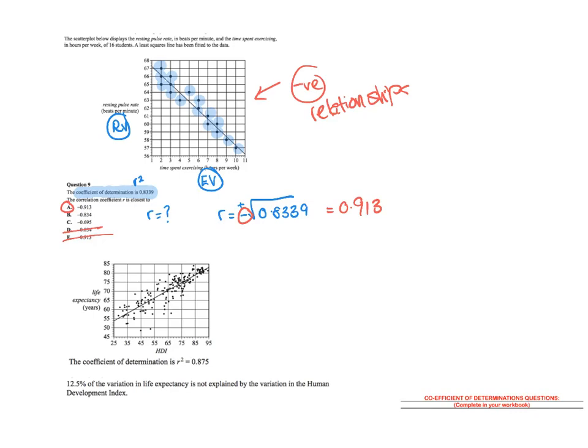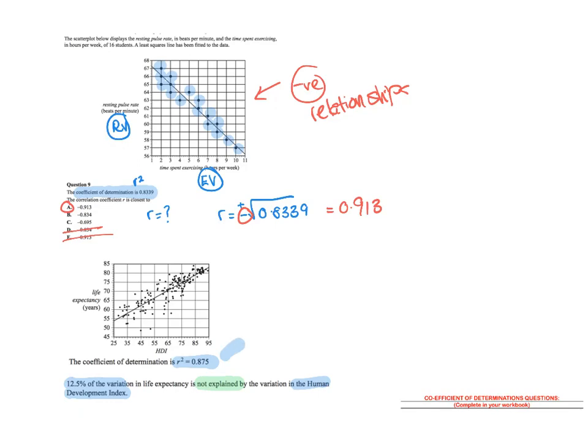Okay, so this last question now. Here they are telling me the coefficient of determination. Now, they're saying 12.5% of the variation in life expectancy is not explained by the human development index. Can you see what they've done there? I brought this to your attention so you could see 'is not explained'. What percentage is explained?